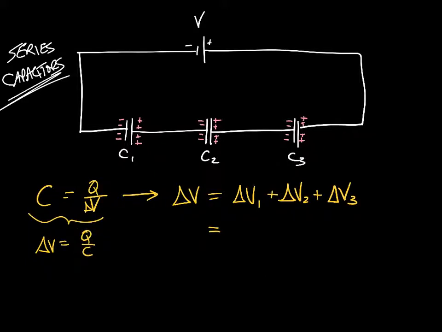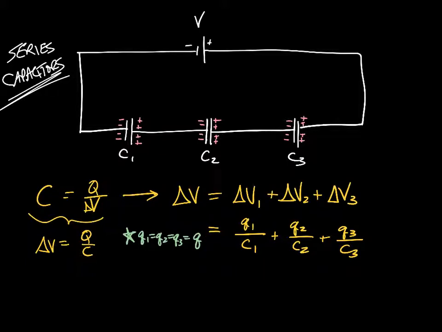All right? So now we're going to have Q1 per C1 plus Q2 per C2 plus Q3 per C3. However, Q1 equals Q2 equals Q3, or we could just say it equals Q, because since there's only one path for current flow, the current flows the same everywhere.